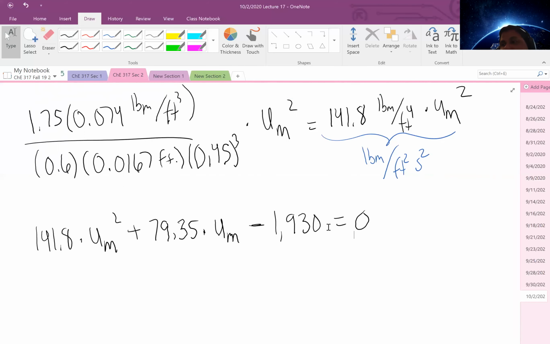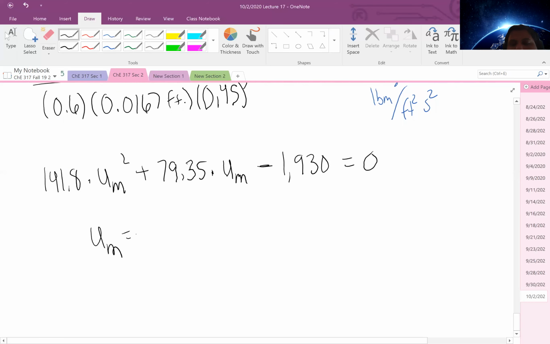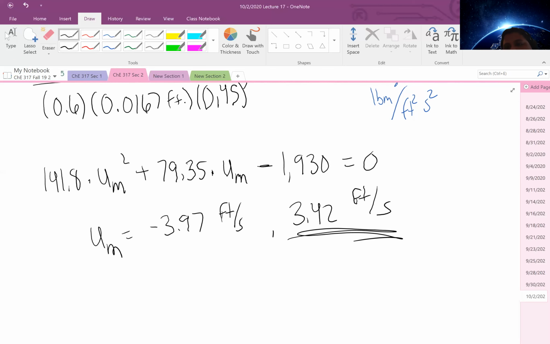If I put this into a quadratic equation solver, because it's 2020 and you're not in algebra having to do it by hand, you end up with 2 roots. So you get u sub m is equal to negative 3.97 feet per second, or 3.42 feet per second. Pick the root that makes sense. So now we know what our velocity is.